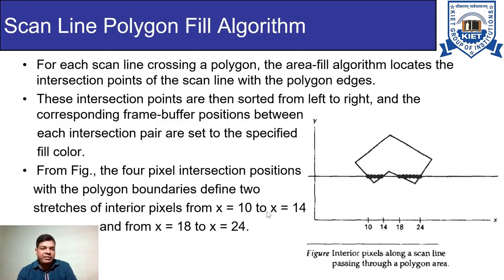So we have to activate all those pixels which are lying from x equals 10 to x equals 14, and similarly we have to activate all those pixels lying between x equals 18 to x equals 24. Then all those pixels which are lying between x equals 14 to x equals 18, we are not activating, because these pixels are lying outside the polygon boundary.